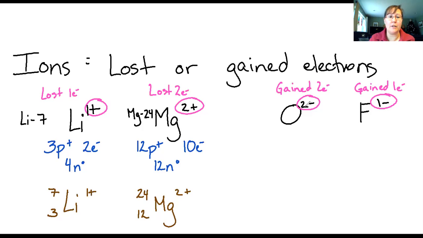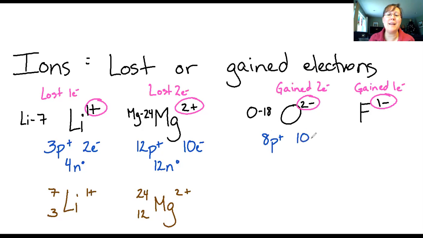Now let's look at our oxygen here. Let's do one that's a little different. We're going to say that this is oxygen 18. So that means, well, oxygen is number 8, so we have 8 protons. And we have gained 2 electrons. That's what that minus 2 means.